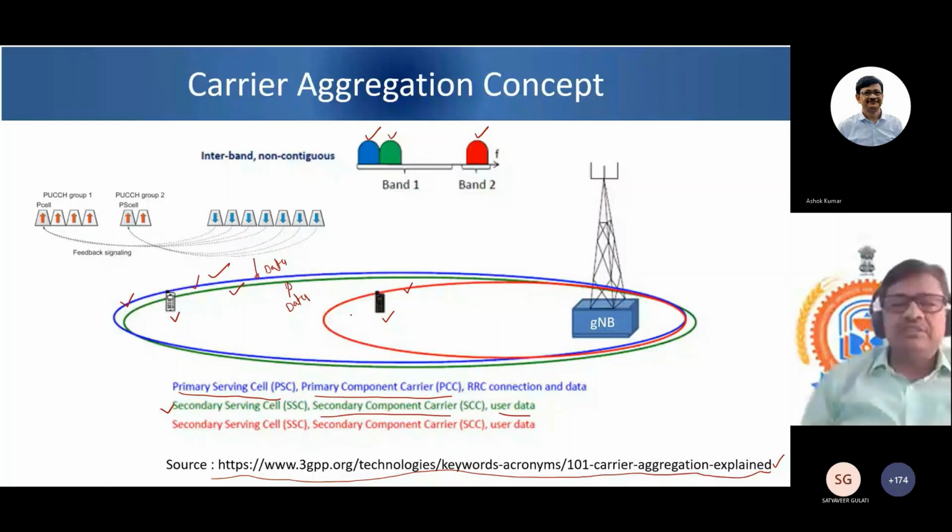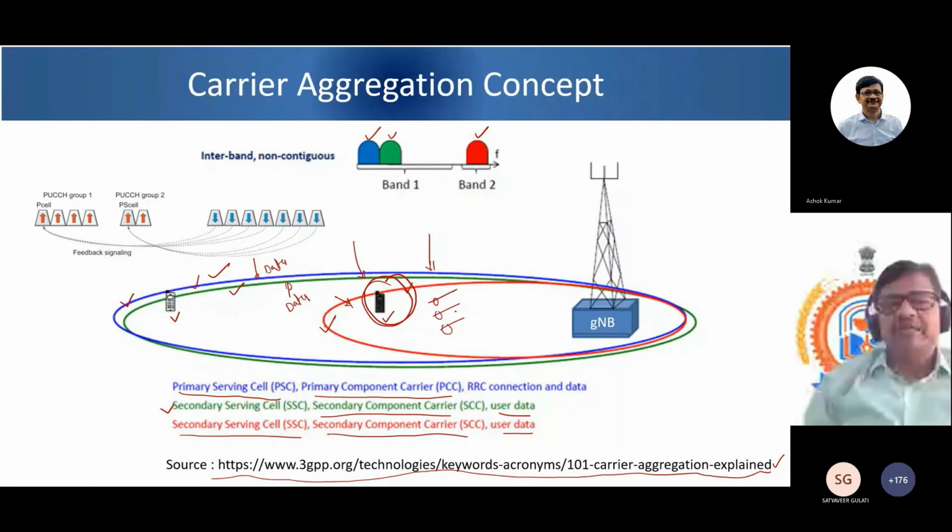The third one, which is the higher frequency band, is also a secondary serving cell or secondary component carrier, and it is for user data. So suppose a device is here. It is getting all three radiations from the three frequency bands. So it's getting three parallel transmissions in uplink and downlink direction.